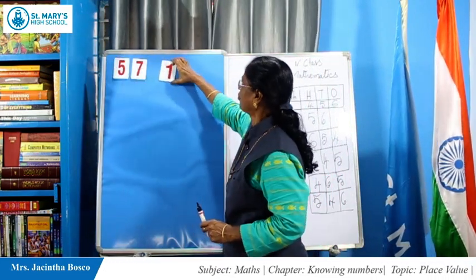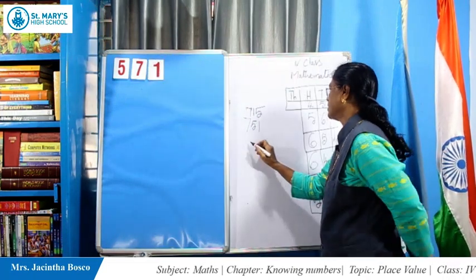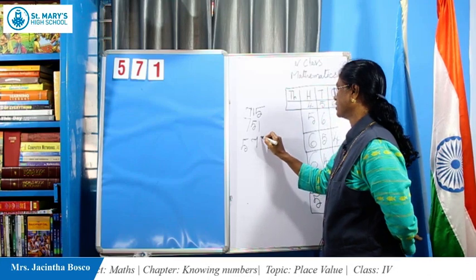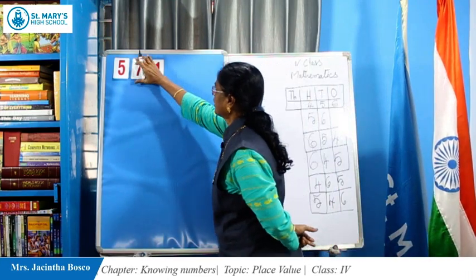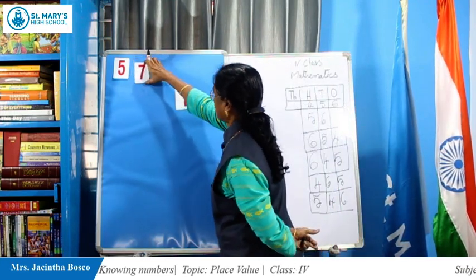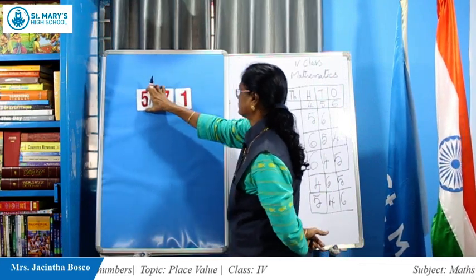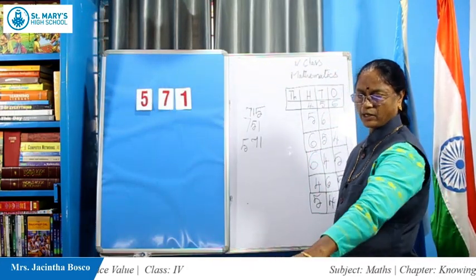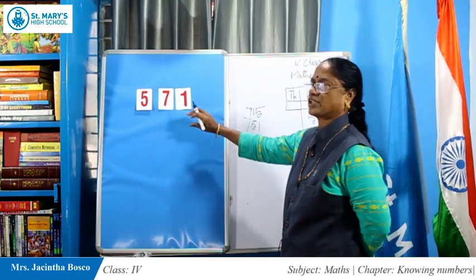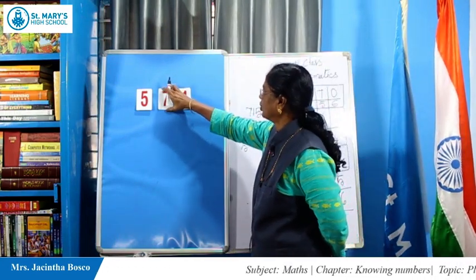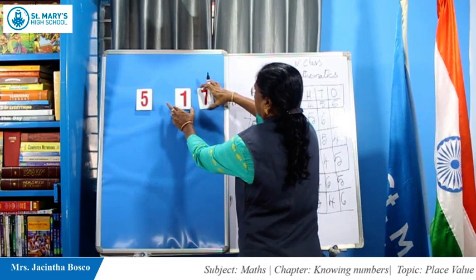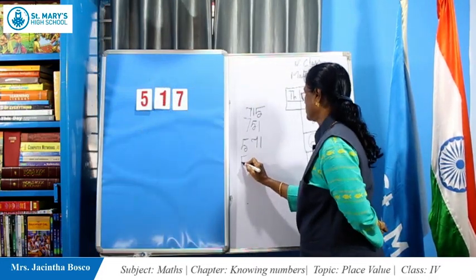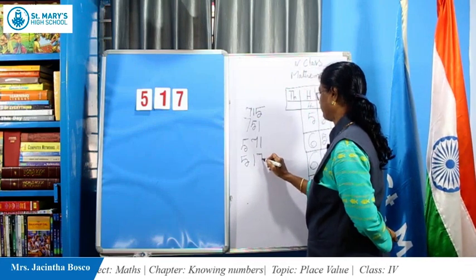What did you get? 571. Repeat all of you, 571. Later on you can fill in your textbook. Now we will change this 7. What did you get here? 517, right?